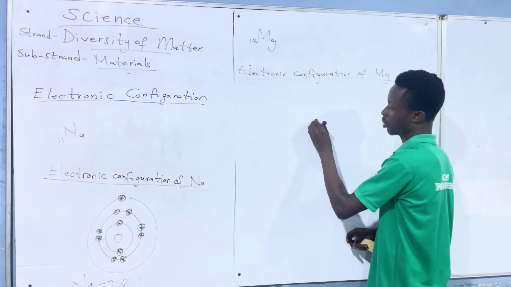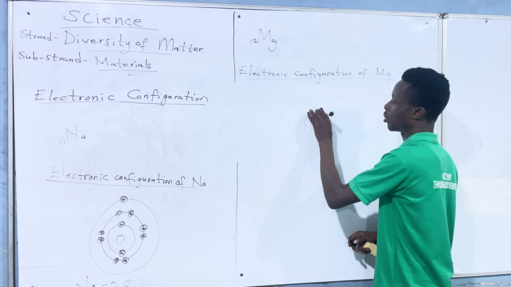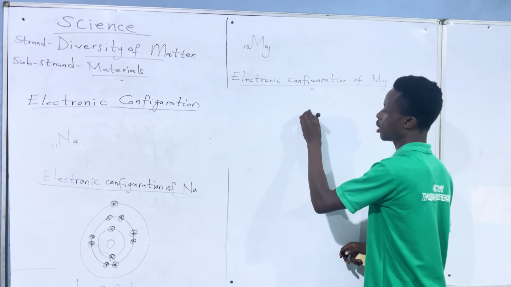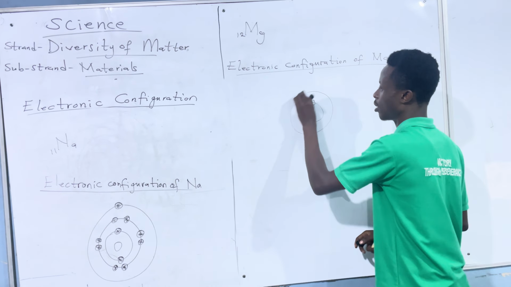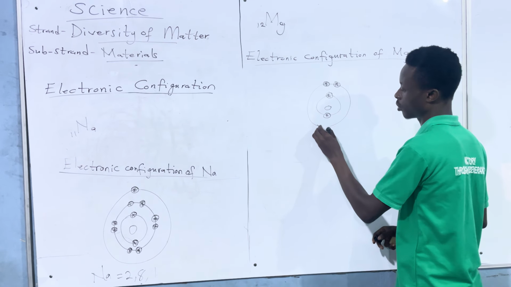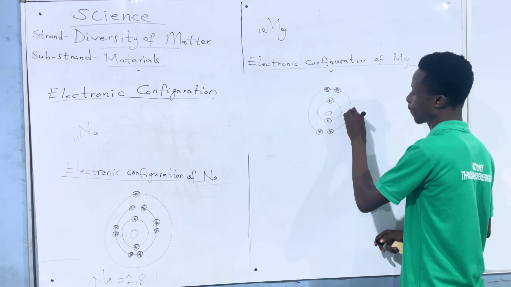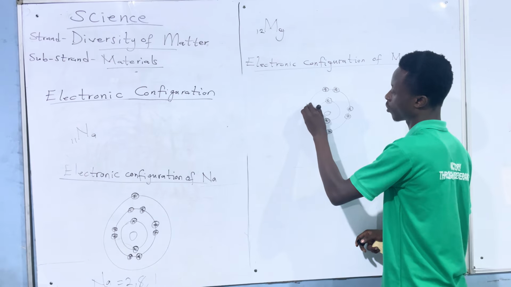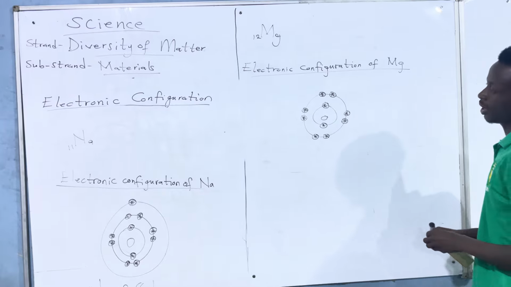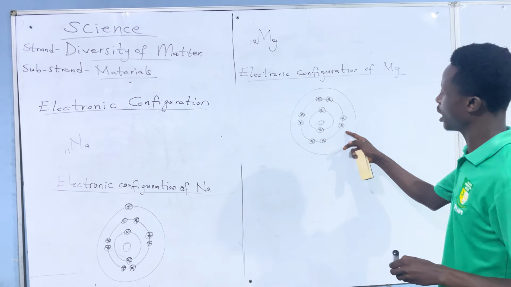So let's draw the atomic structure. The first shell will take 2 electrons. The second shell will take 8 electrons. Then for the next shell, let's see, we have how many electrons over here?